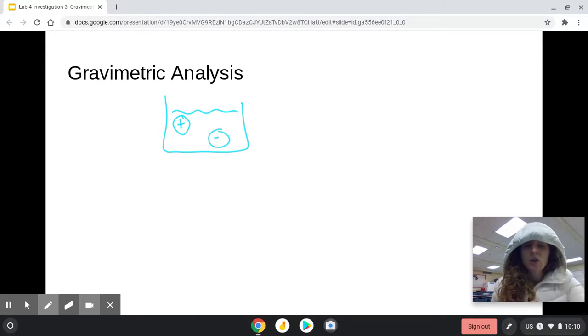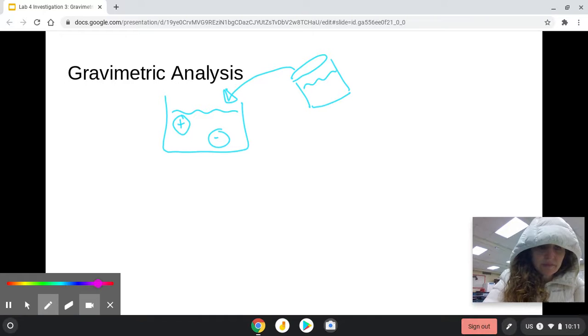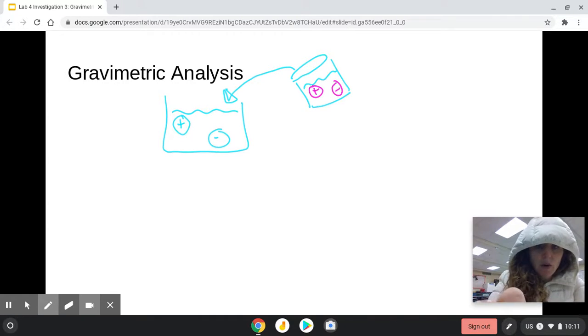So usually in gravimetric analysis, you have your little sample with ions in it, and then you pour other ions in. So we have a sample that we're going to control. We know what kind of ions are in here. And we're going to pour those ions into this other beaker.